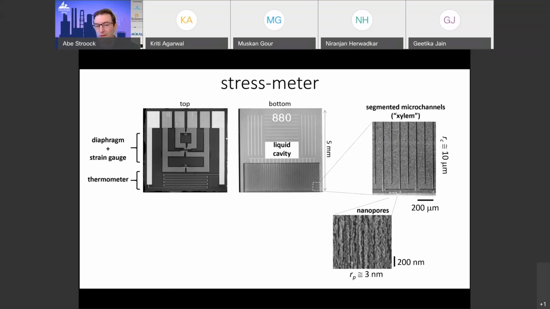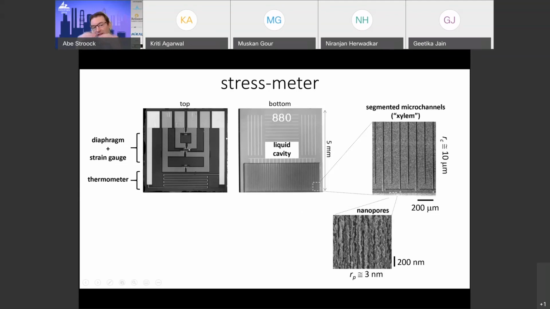And so what we've built is xylem-like vessels connected to nanoporous silicon that connect back to a bulk liquid for which we can understand the thermodynamics very easily. And this cavity of bulk liquid is connected to a microelectromechanical pressure sensor.